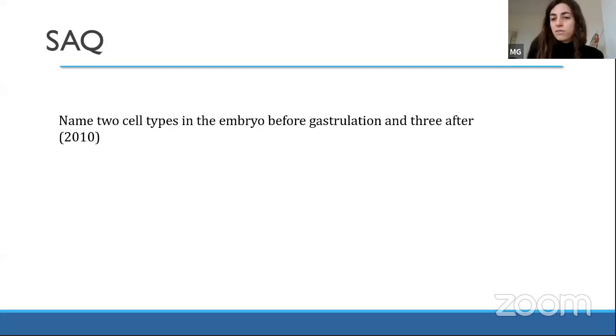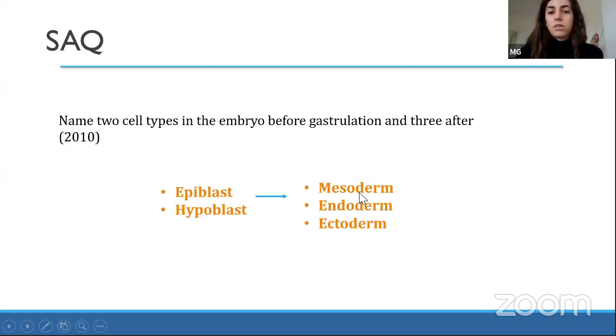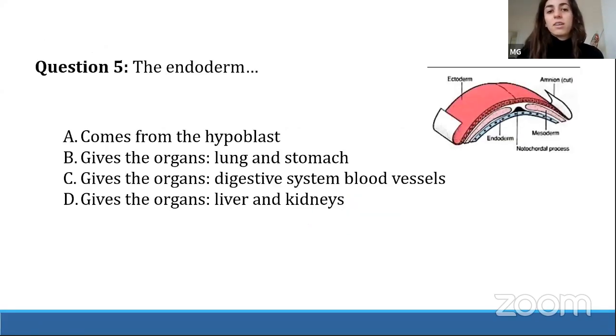Yeah, I see a lot of good answers. Perfect, great. So the 2 cells before, that's a quick recap, epiblast, hypoblast, and then mesoderm, endoderm, ectoderm. Perfect.